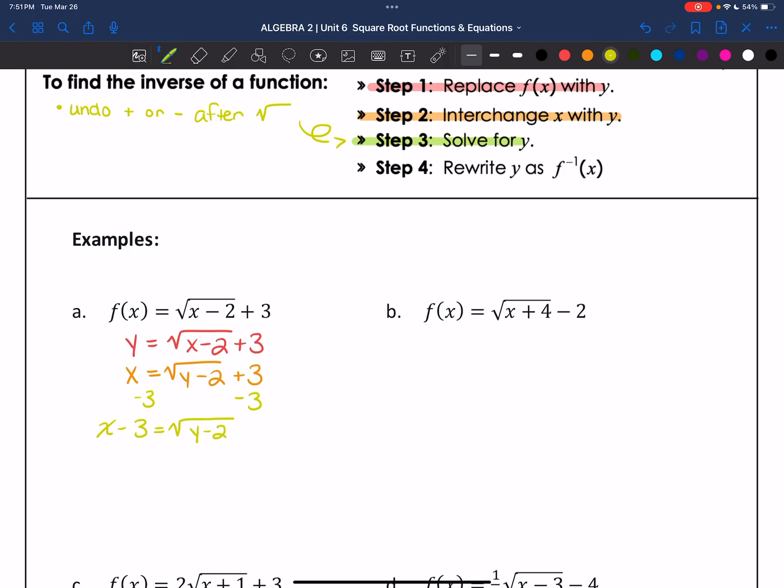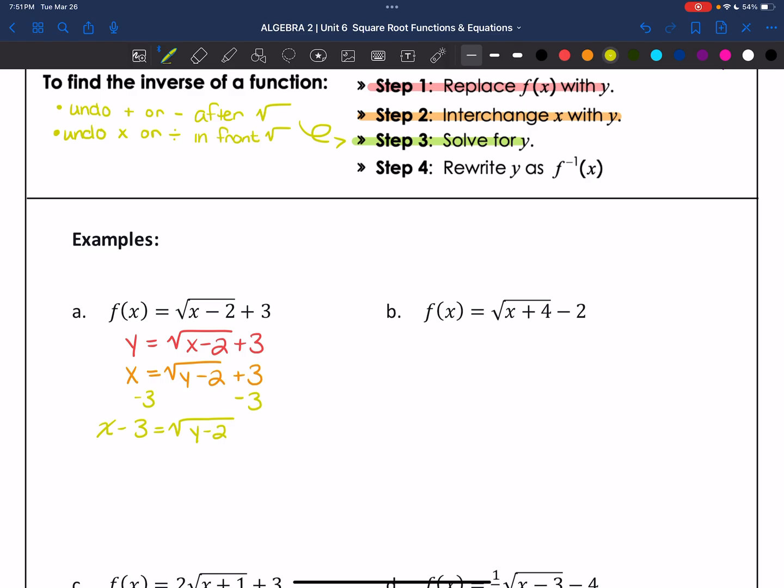Then you would want to look and see, if possible, if there would have been any multiplying or dividing outside the radical, you would do that next. But we actually don't have any of that. But I will show you that here in an example that follows.